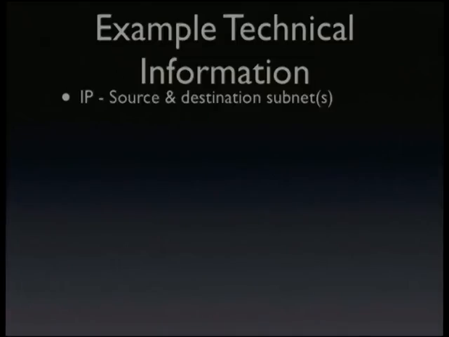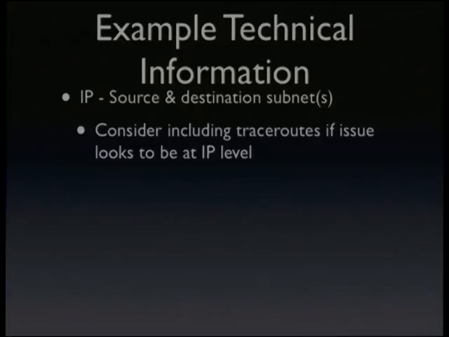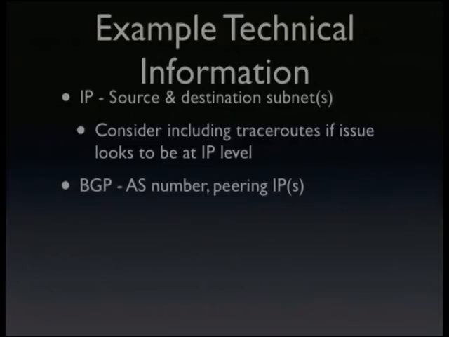Now, there's a bunch of technical information that you might want to include. Assuming it's internet related, source and destination IPs are very useful. If it looks to be an IP layer issue, include traceroute, but I'll have more on that later. If this is BGP, say Internet Exchange, that sort of thing, include AS numbers.